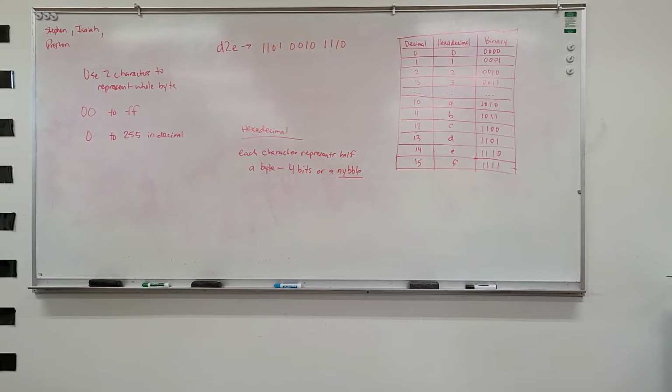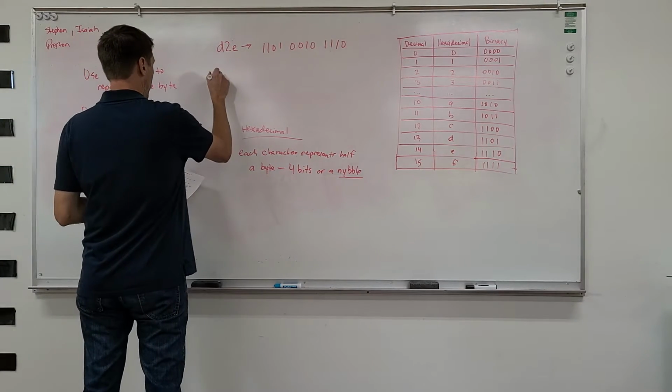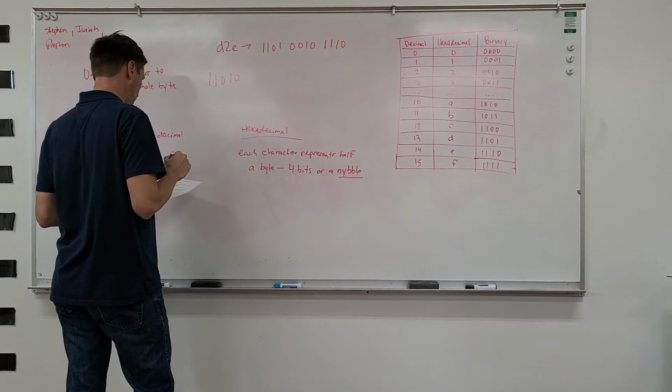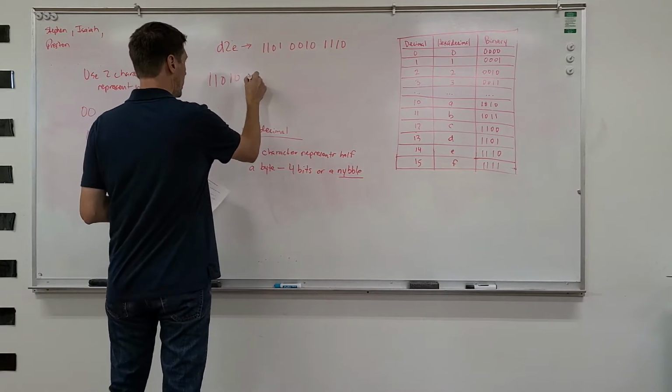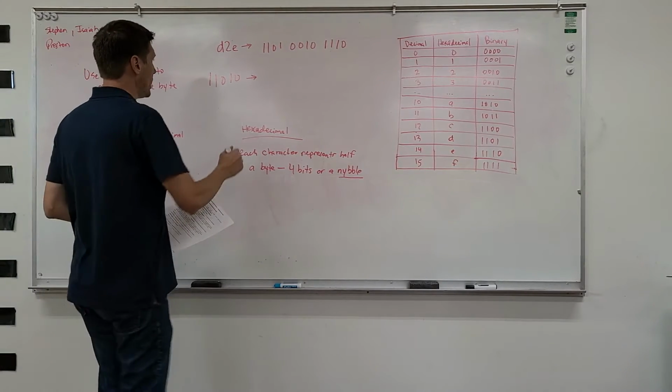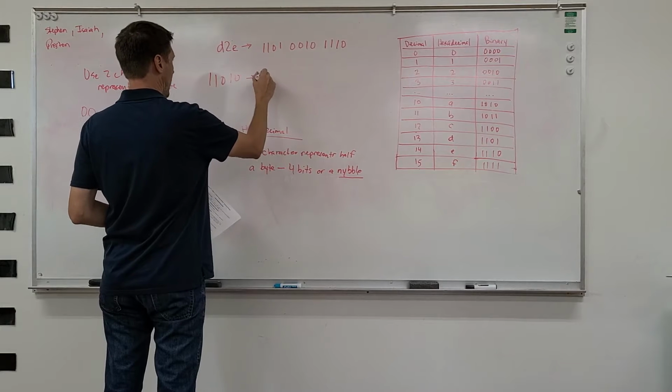All right, what if we want to go the other direction, from binary to hexadecimal? What if we have 11010 and we want to convert that to hexadecimal? What you want to do first is bust it up into nibbles, right? Take it 4 bits at a time. In order to do that, we're going to have to pad this with a couple of zeros.